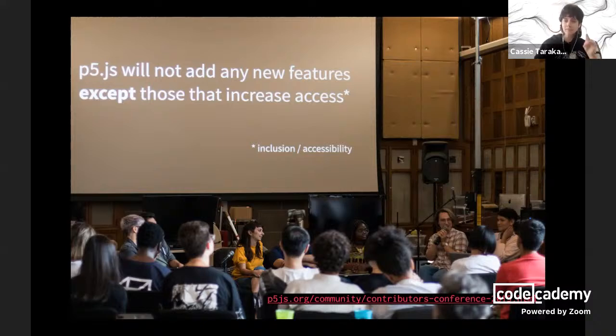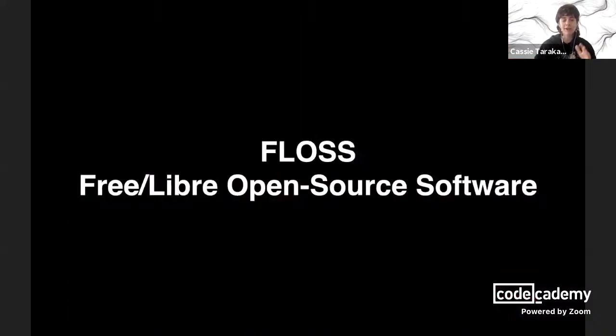So with Processing and P5 you usually use this abbreviation called FLOSS, which is free/libre open source software. The reason it's free/libre is because free does not mean free of cost. It implies a freedom.